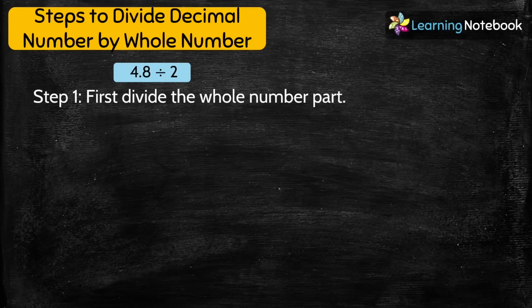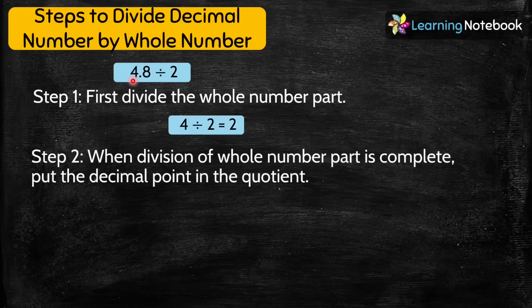So in step 1, first divide the whole number part. So whole number part in 4.8 is 4. So first we will divide 4 by 2, which is equals to 2.